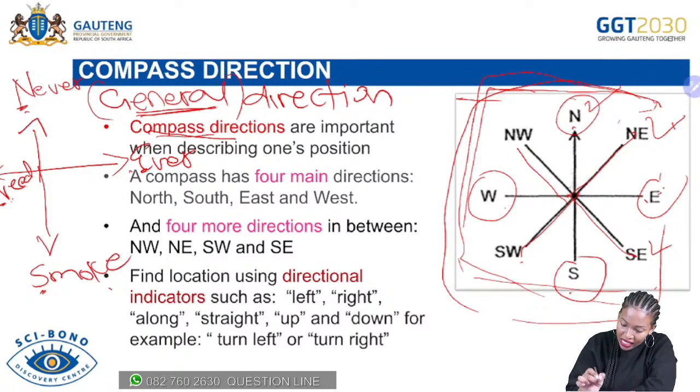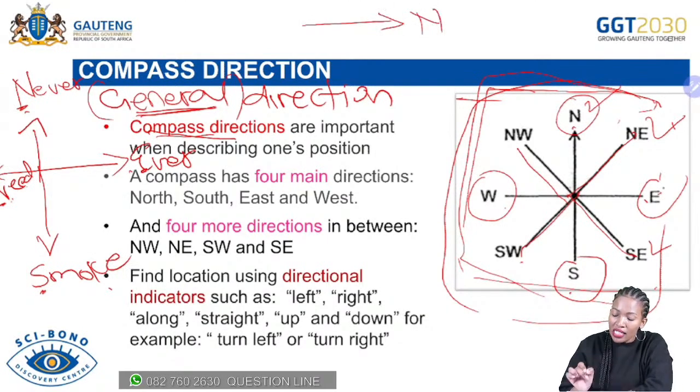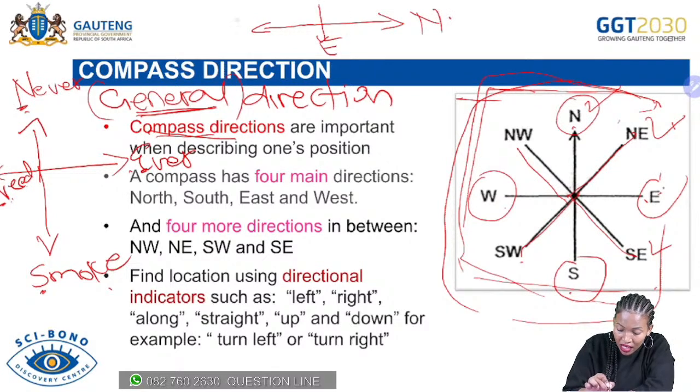And sometimes the examiner will give you a compass direction with the arrow facing that side, and then they say it is north. When it's like that, it means you work with that. That is where your north is for that particular diagram. You don't change it. What you must know is that you must complete it. And how do you complete it? You must never ever smoke weed.